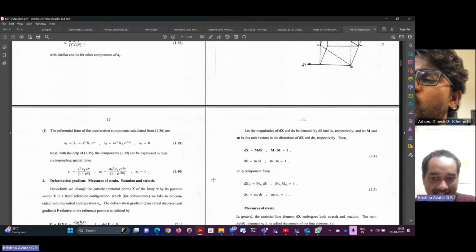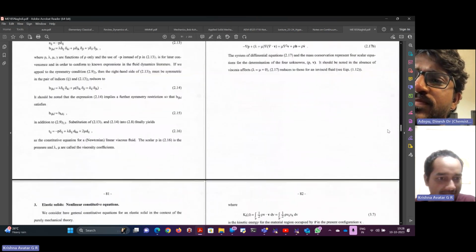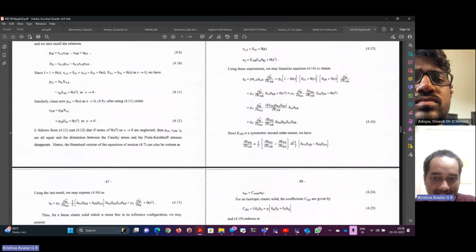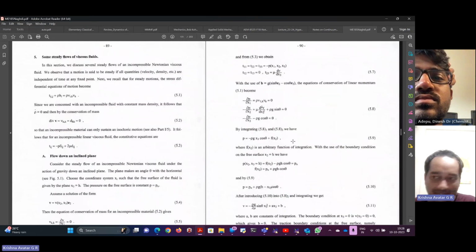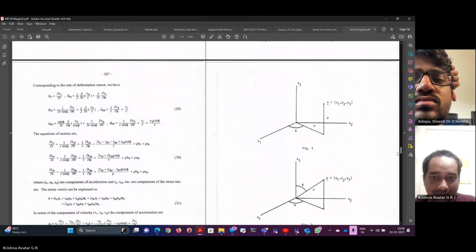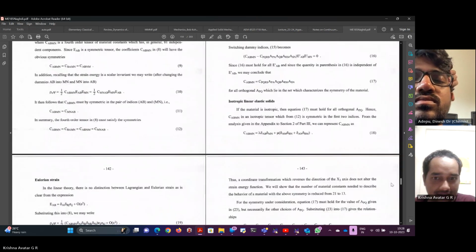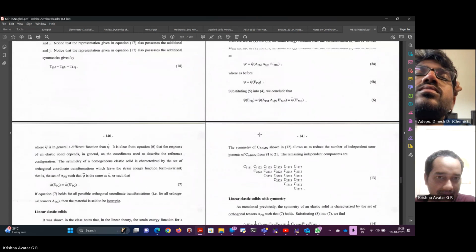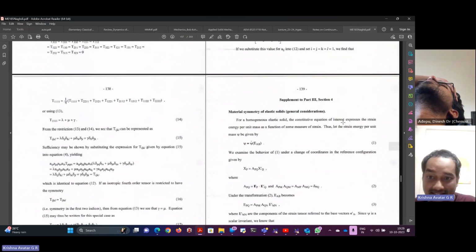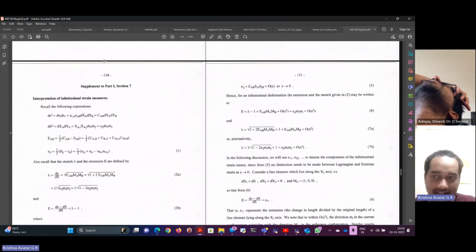I hope he has discussed it, because it has been a long time since I looked at this book. Or maybe I'll go to a third book that I have, Nonlinear Solid Mechanics. Yes, isotropically, but we need nonlinear mechanics, right? Material symmetry, what all is there?